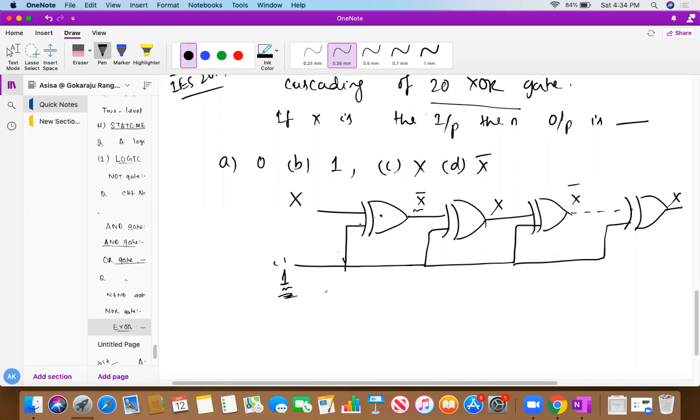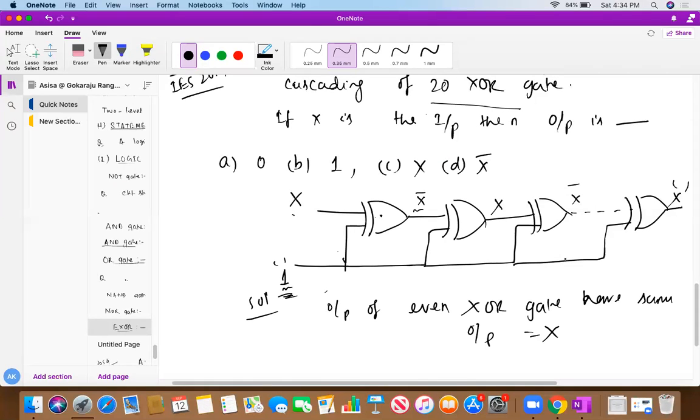Because I am getting 20 XORs, and 20 is even, the output of an even number of XOR gates is the same as the input. Whatever input you give, you will observe the same output here, because the number of XORs here is 20. Understand, students?